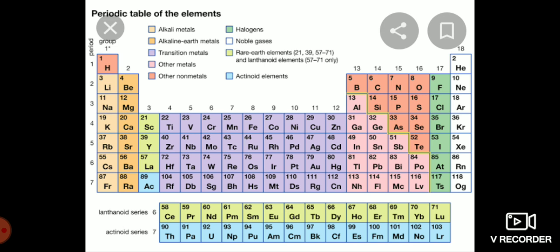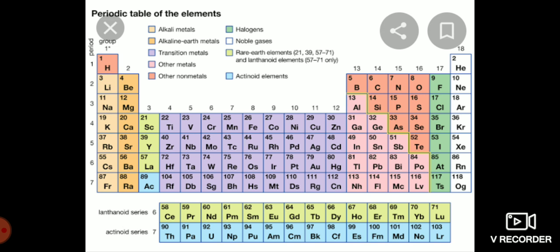Then in the sixth and seventh periods, atomic number 57 and atomic number 89 are lanthanide and actinide. Remember LAAC. Then you see the next atomic number 72. So 57 to 72, the elements in between are arranged at the bottom of the periodic table as the lanthanide series.